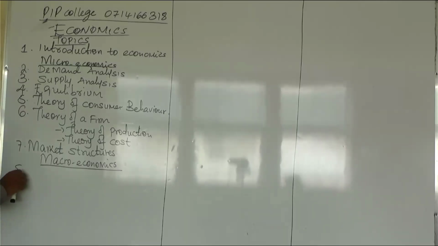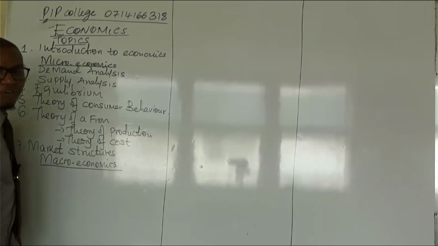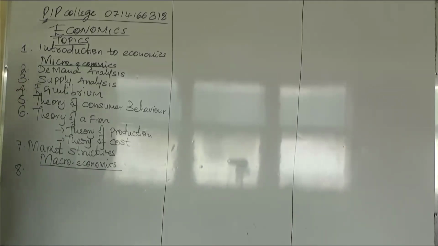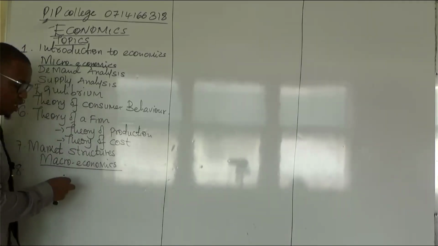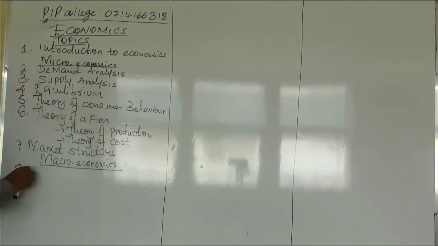Macroeconomics, as I've said, is concerned with what we call the large scale. Generally, it is on the general economic factors like the interest rates, the unemployment, and the inflation, etc. That is what we'll be talking about here.